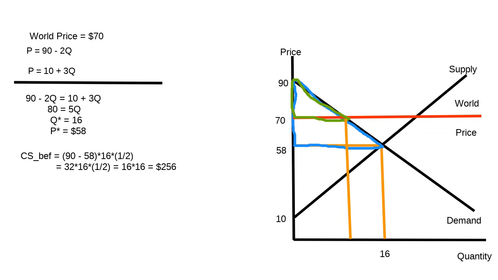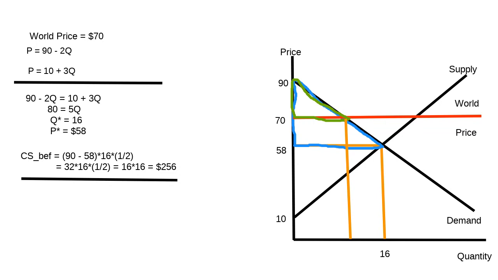Well, how do we find that? We have the world price and we have the demand curve. So if we plug the world price into the demand curve, we'll find what the quantity demanded is at the world price. Okay, so we have our world price of 70, and we'll set that equal to 90 minus 2Q. And we know that this Q is for demand, right?